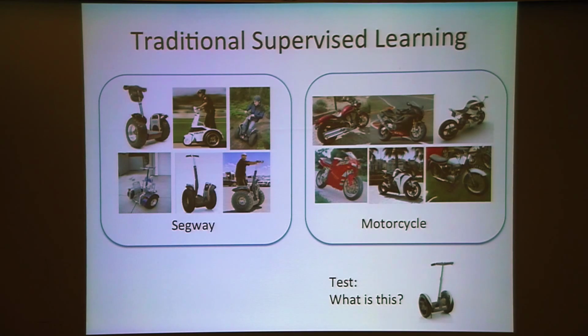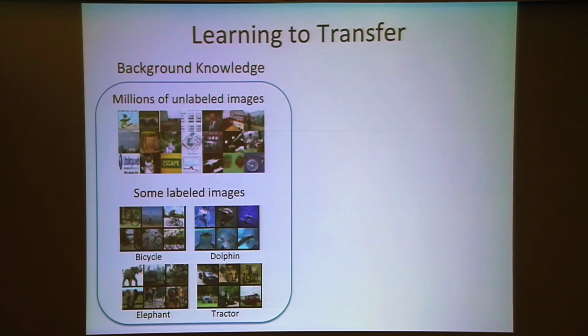And just to reemphasize, in traditional supervised learning, we're typically dealing with problems where I've shown you a bunch of images of one class, a bunch of images of another class, and then I'm trying to test or recognize what we see here. Whereas the setup for learning how to do transfer learning that we're going to have today is that you might have millions of unlabeled images, and some partially labeled images.